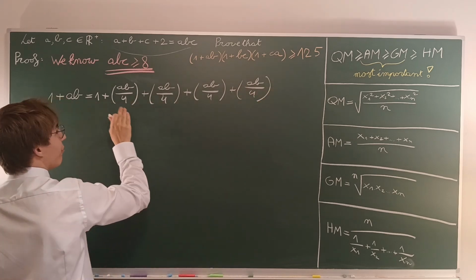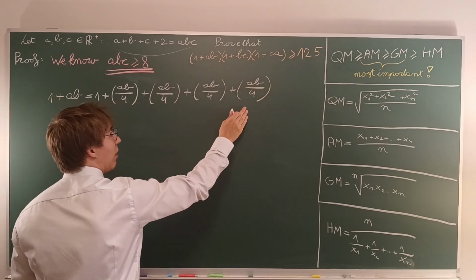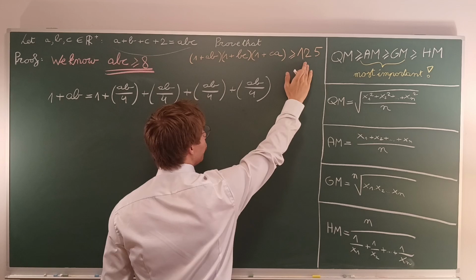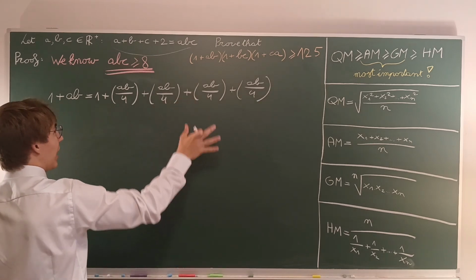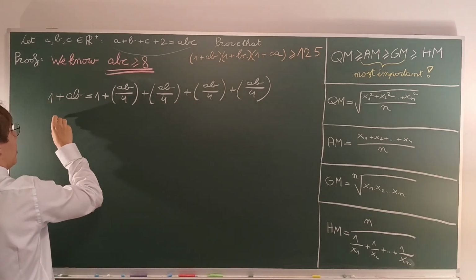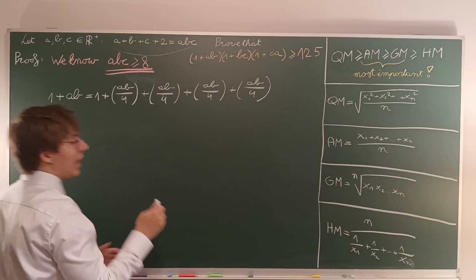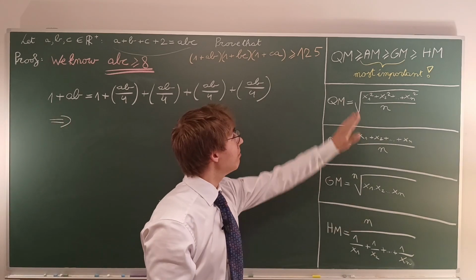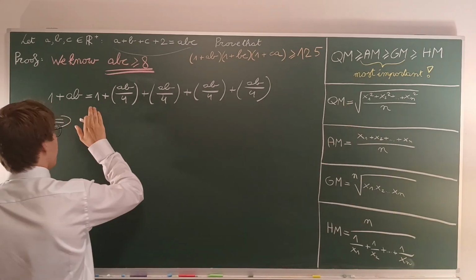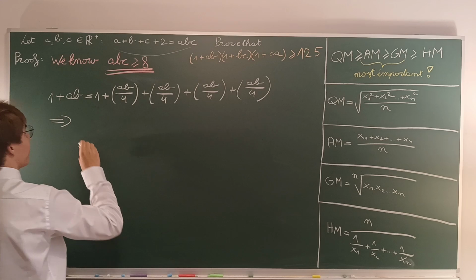Now we have 5 terms, and we see that this is 5 cubed, so maybe this will help. We will now use the AM-GM inequality on these 5 terms.